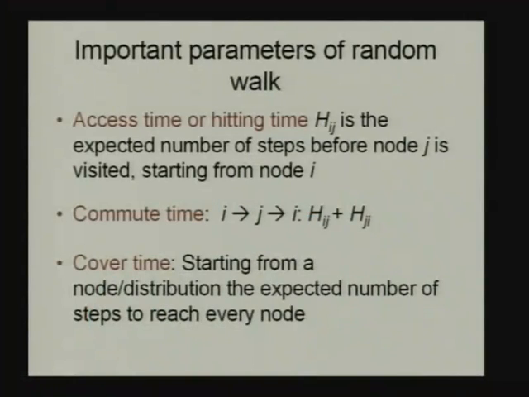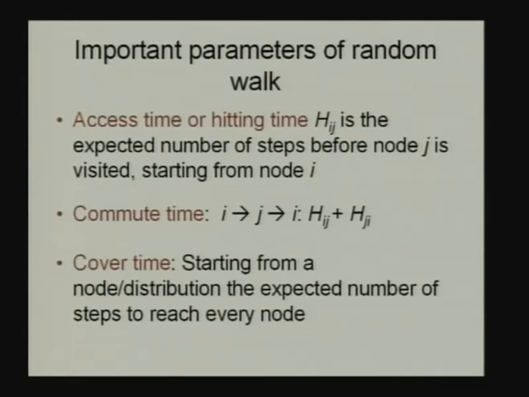So, one important concept is that of access time or hitting time. It is called Hij. Suppose you are at node i now, what is the expected time when you will hit node j? I am not telling you how to compute it, I am just giving you the concept. So, what is the expected number of steps in which you will reach the node j?